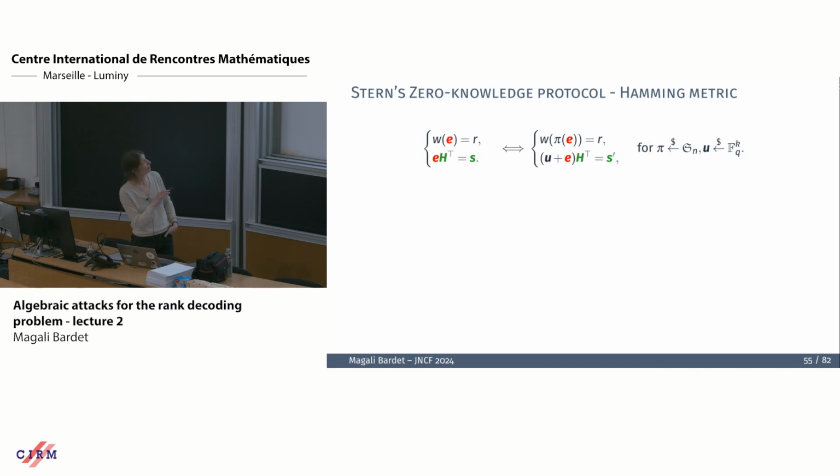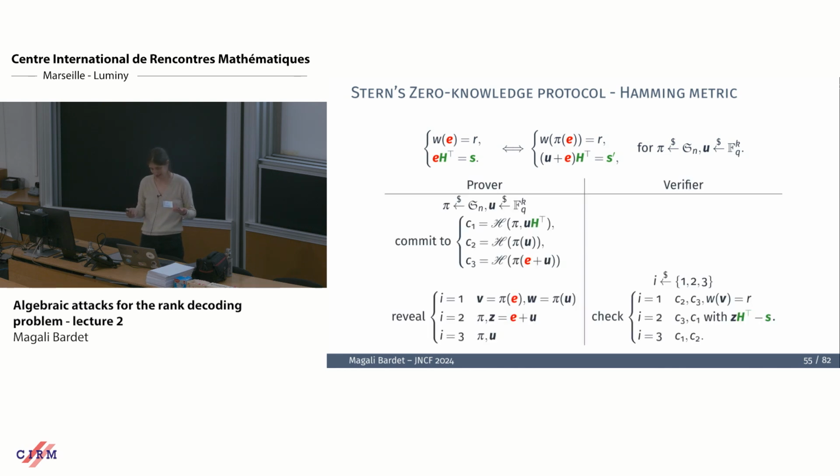And of course, with the Hamming distance, the weight of E is the number of non-zero coordinates. If you permute the coordinates, it's the same weight. And then you commit to 3 values. Committing to a value is computing the hash function on your value.